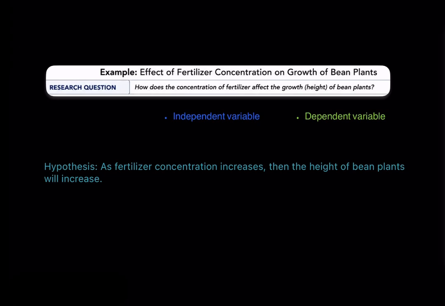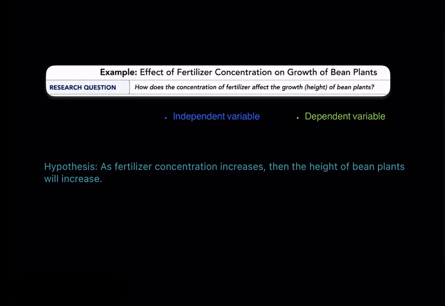So what we would predict is that as fertilizer concentration increases, the height of bean plants will also increase. So that's our hypothesis. And we're going to check our hypothesis against the final outcome, the results of our experiment.